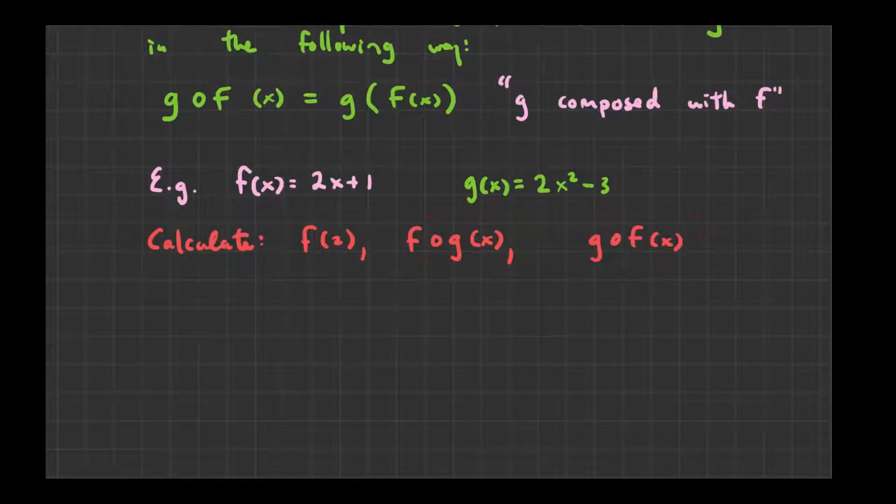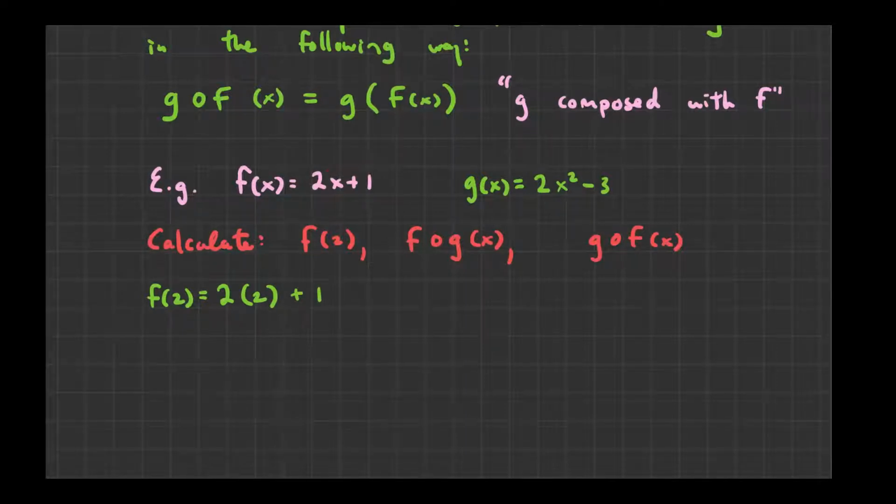Let's start off with f of 2. Let's just remember how functions work. 2 is the number that we're putting into the function, so I'm going to take this x and replace it with a 2. So this is going to be 2 times 2 plus 1. Maybe this wasn't a very good example.